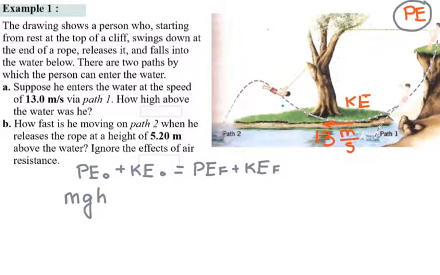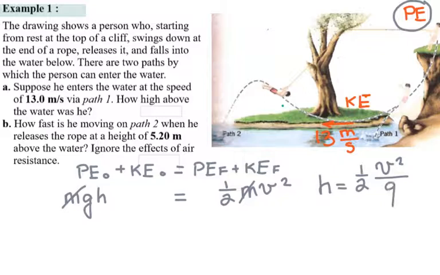And that equals, all the way at the bottom, the height is equal to 0, so he doesn't have potential energy final. It is 0, so he has kinetic energy, which is 1/2 mv squared. Because I know the velocity is 13 meters per second, and his mass doesn't really matter, I can find that the height is equal to 1/2 velocity squared divided by g.